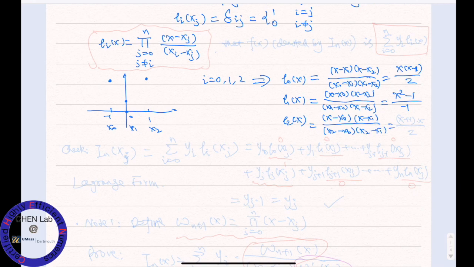You plug in, x0 is negative 1, so it's x plus 1 times x, divided by, plug in x2, which is 1, and you're going to get 2, right? Is everybody following this?